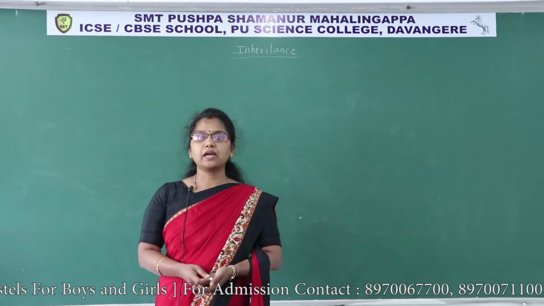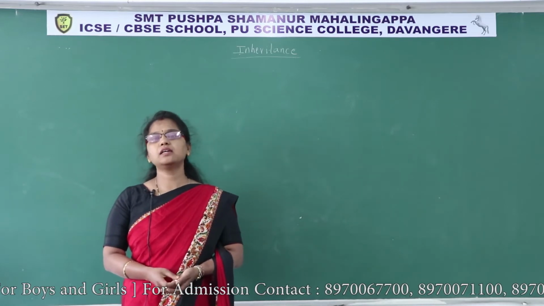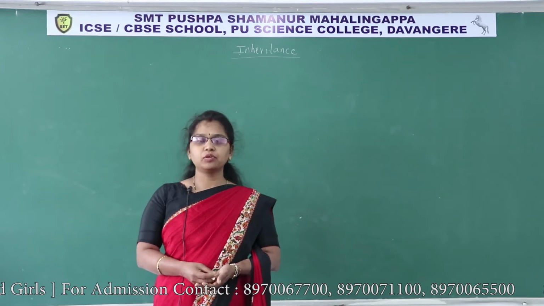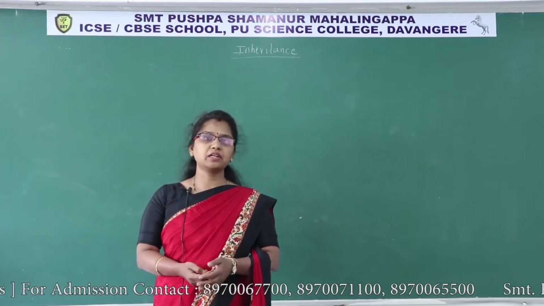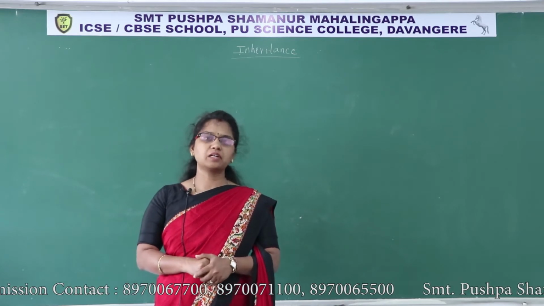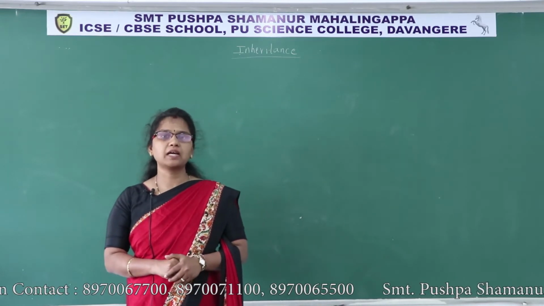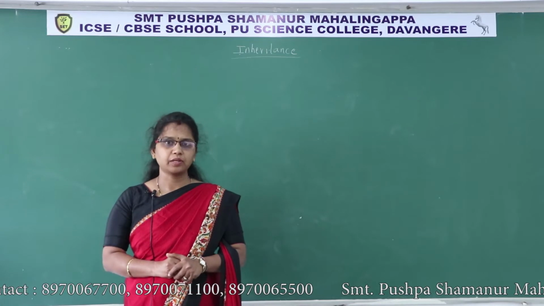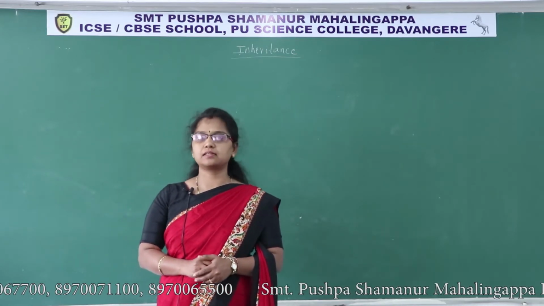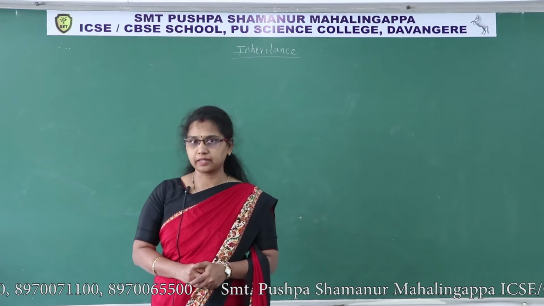Now, what is hierarchical inheritance? Hierarchical inheritance is the opposite of multiple inheritance. What is multiple inheritance? Two base classes and one derived class. A class which is derived from two or more base classes is multiple inheritance.